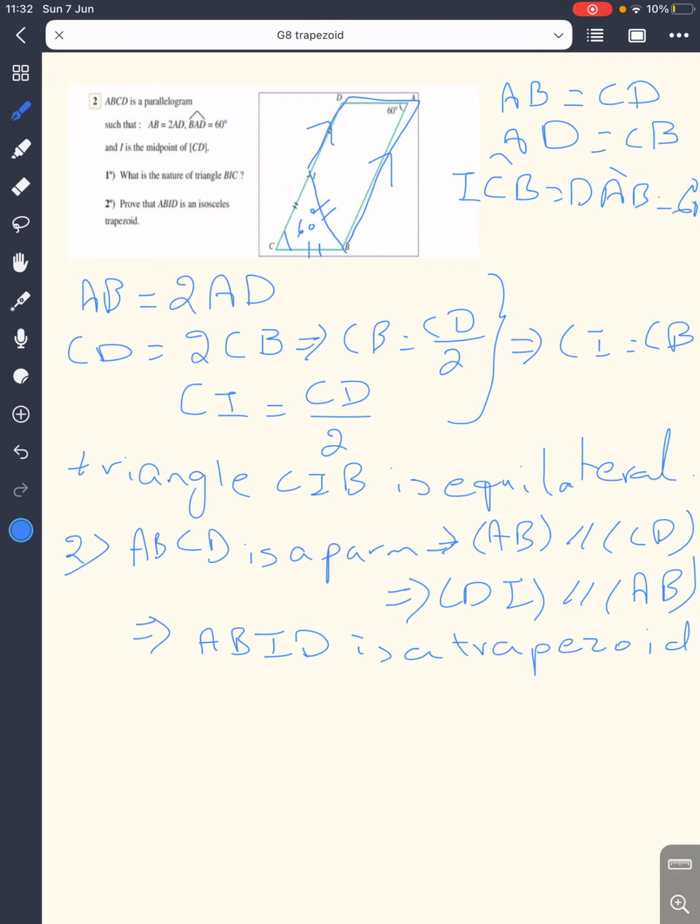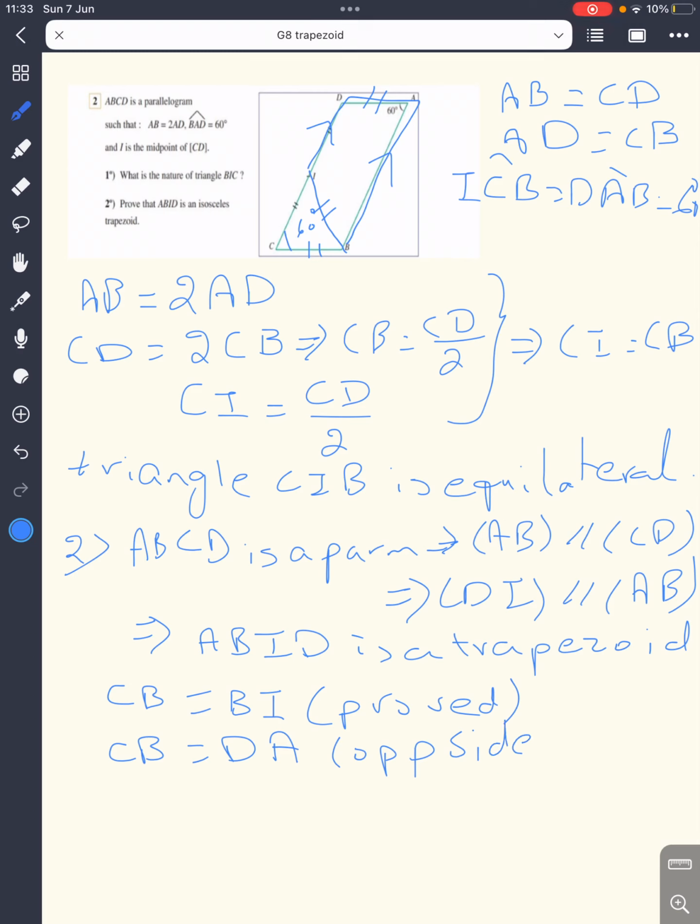Can we prove that IB equals DA? Let's see. In part 1 we proved CIB is an equilateral triangle. So we can say that CB equals BI. I proved in part 1 it's an equilateral triangle, which means that the three sides are equal to each other. And we know that ABCD is a parallelogram, so I can say that CB equals DA, opposite sides of a parallelogram.